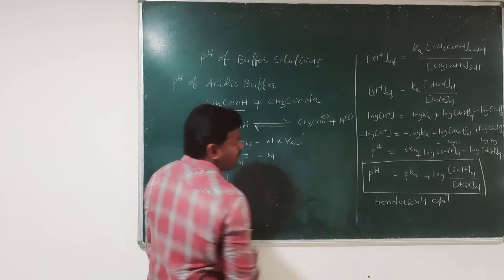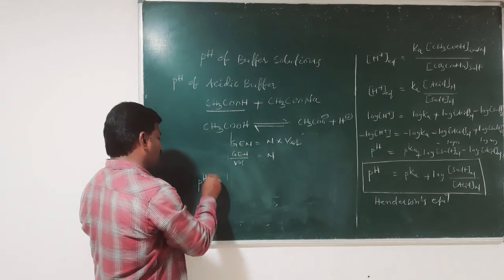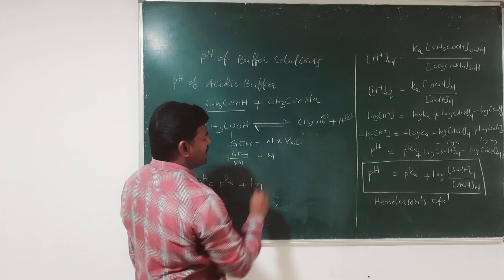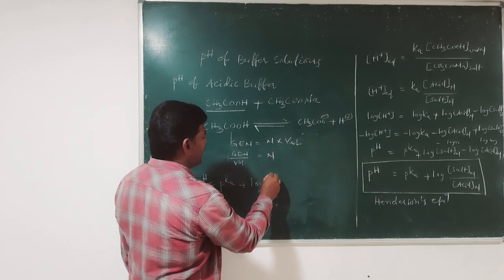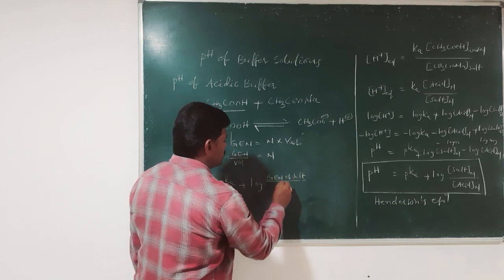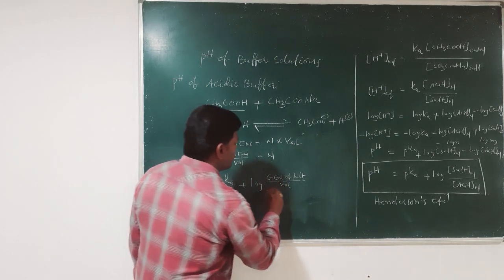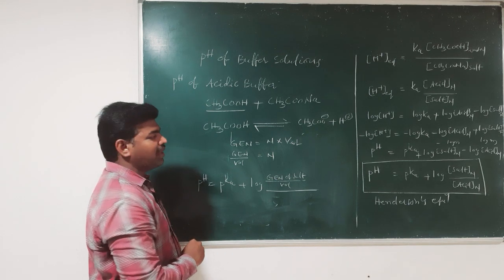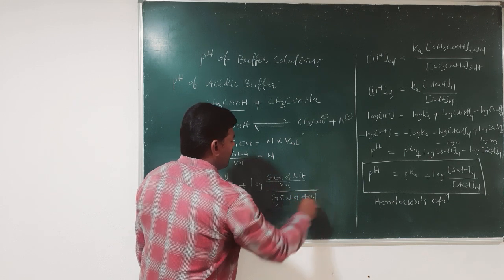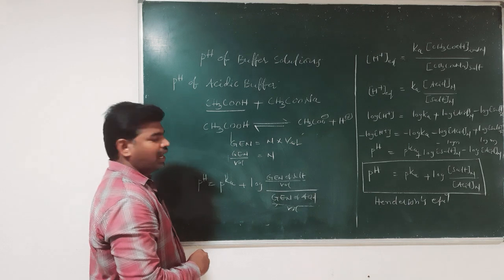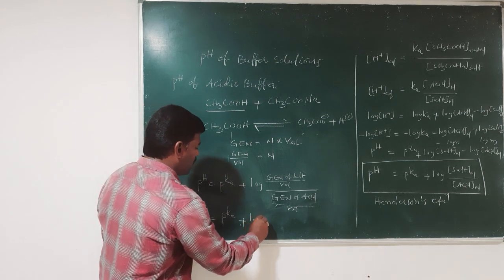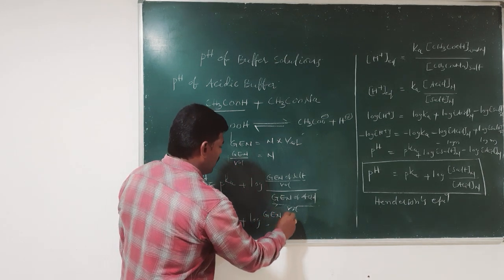This equation can be written as pH is equal to pKa plus log concentration of salt, where the concentration of salt is gram equivalents of salt by volume, by the concentration of acid expressed in normality, which is gram equivalents of acid by volume.